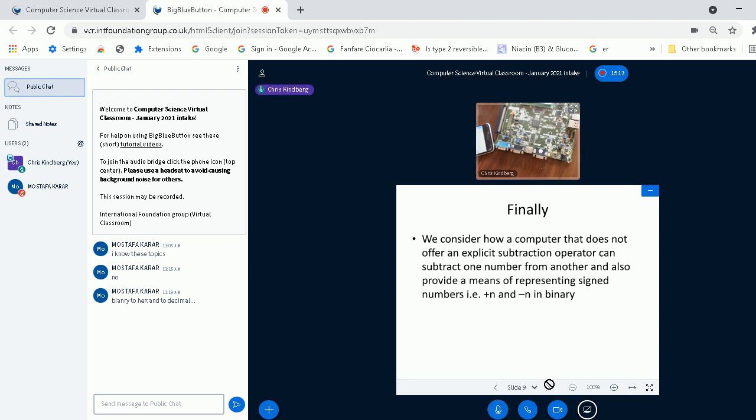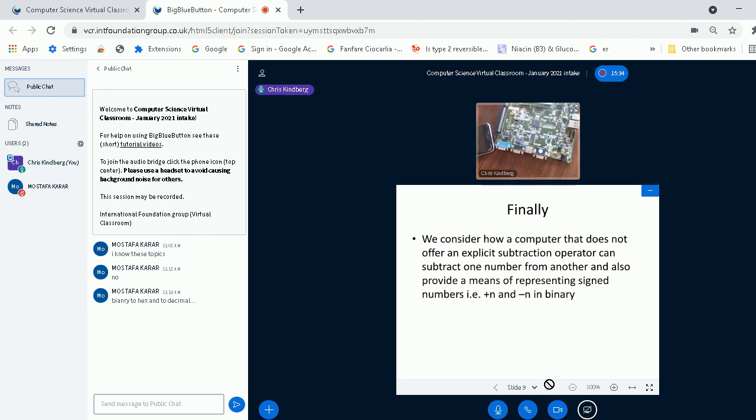that does not offer a subtraction operator. If you remember, Mustafa, the computer architecture that we looked at right at the beginning, or which you looked at from the beginning of the course, didn't have an instruction for subtraction.